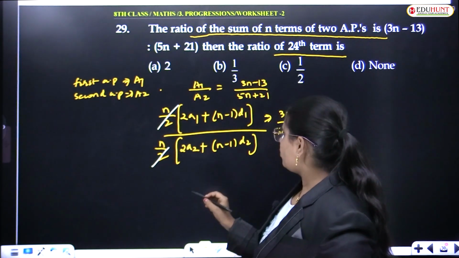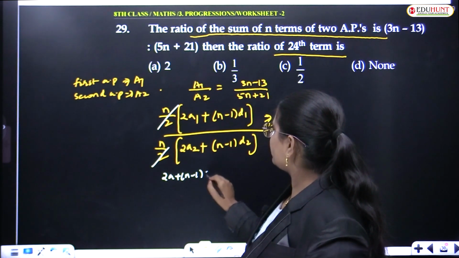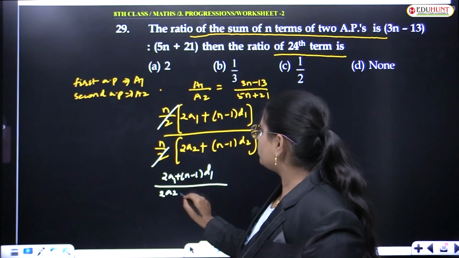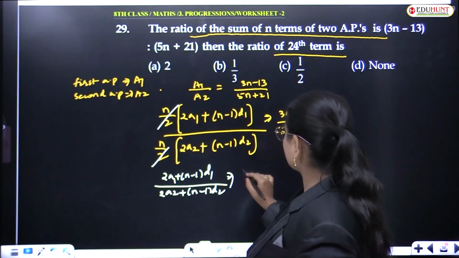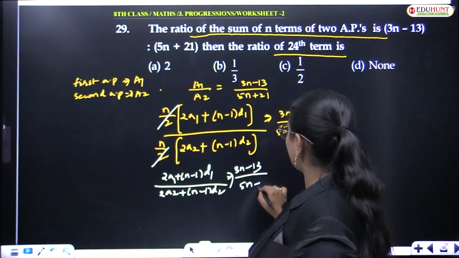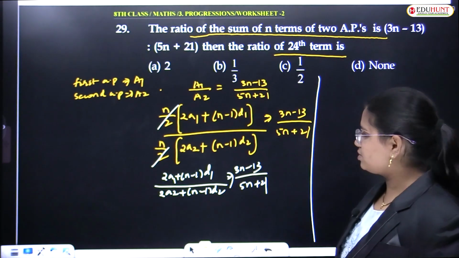Next, what will you be left with? 2A1 plus n minus 1 into D1, and 2A2 plus n minus 1 into D2 is equal to 3n minus 13 upon 5n plus 21. So let's compare these both equations.